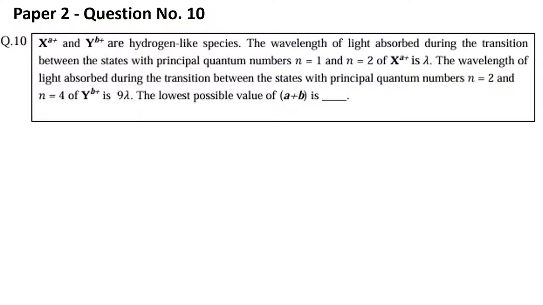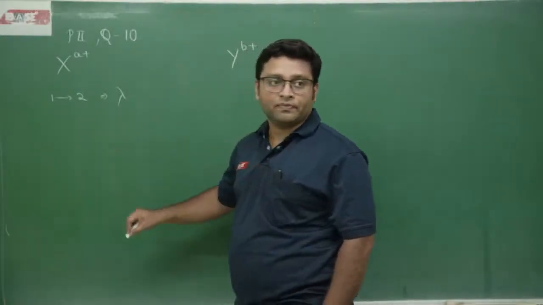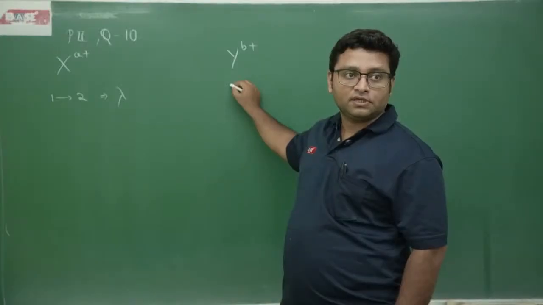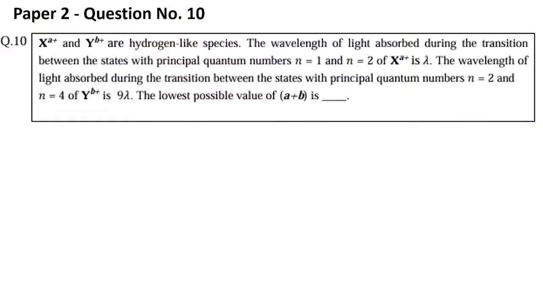Then the wavelength of the light absorbed for transition between the states 1 and 2, so transition from 1 to 2, is given as lambda. And for Y, B plus, the transition is between 2 to 4, and the corresponding wavelength of transition is given as 9 lambda. And we are asked to find the lowest possible value of A plus B.